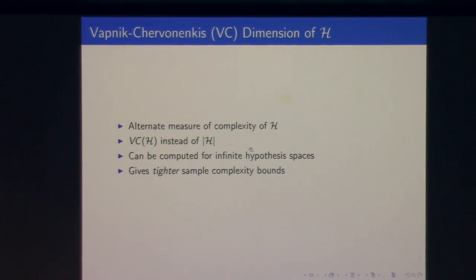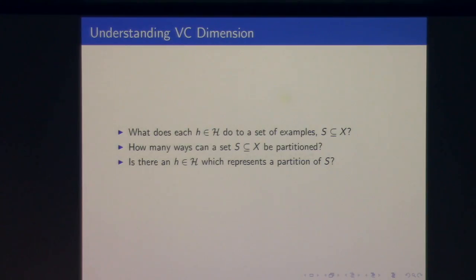So think of it as a measurement. You take a hypothesis space and VC dimension will give you a number which can be used instead of H. Then you can get your bounds. So we can replace this there and get our bounds. That's the idea.